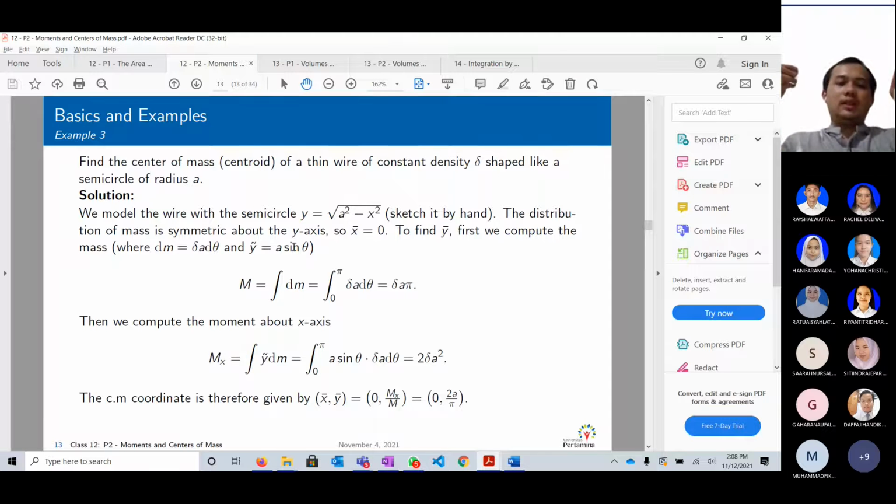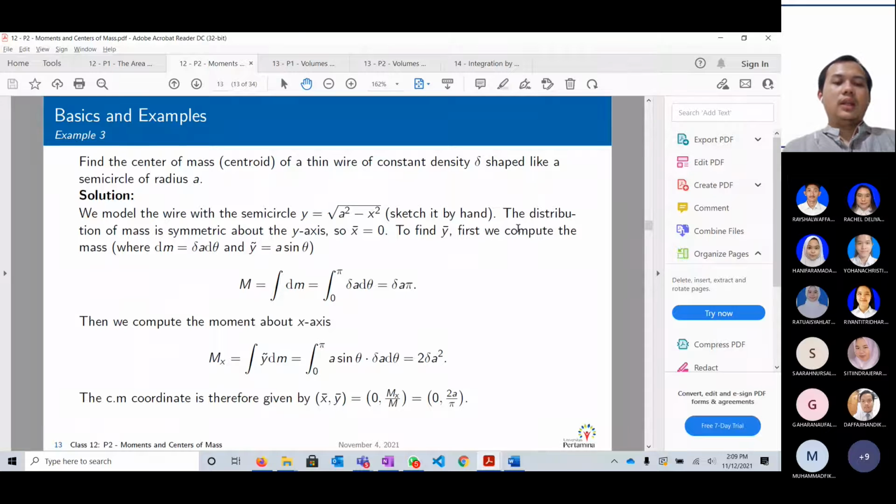So we see that the distribution of mass is symmetric about the y-axis, because this quarter and that quarter are the same. So basically, the center of mass coordinate for x is 0. X bar is 0. The problem is to find y bar.